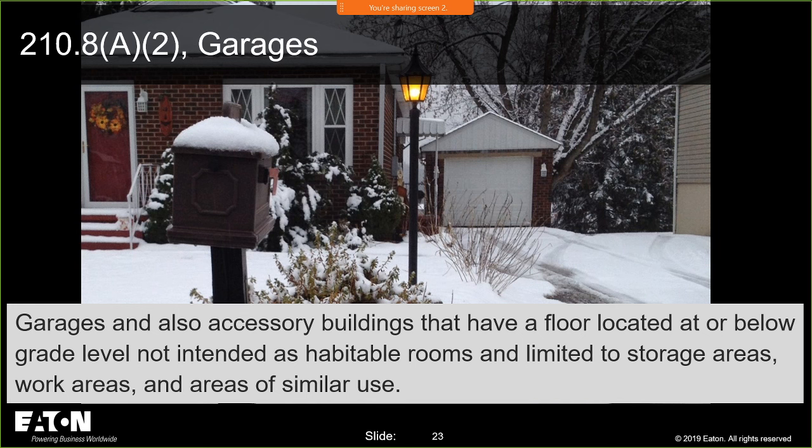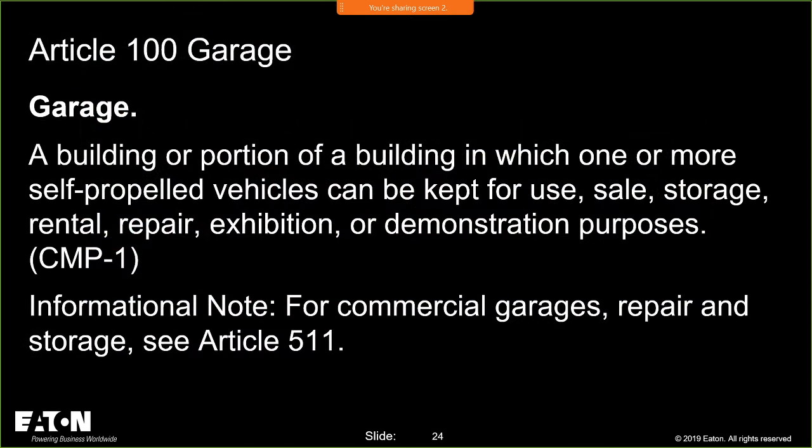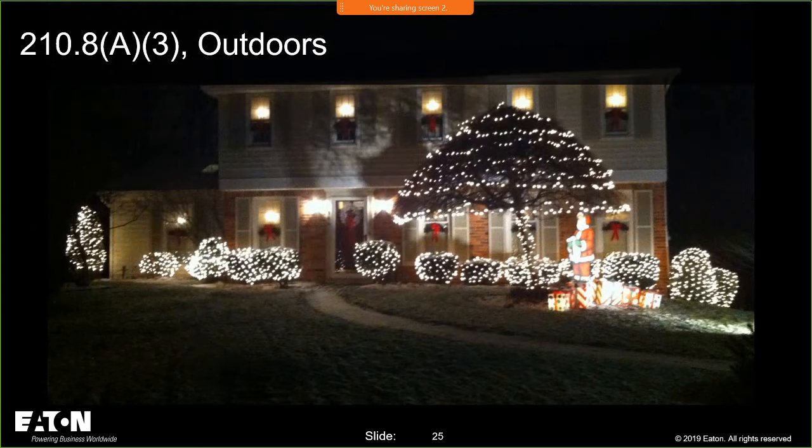If you bring power out to those, you're going to need to have GFCI protection in those receptacles. You have to understand what a garage is, because the moment we have a GFCI requirement, we will have people say, "I don't know what a garage is." All of a sudden, that's not a garage. That's a lean-to. So we defined what a garage is to help you understand when to apply that requirement.